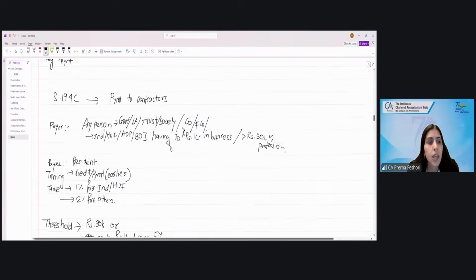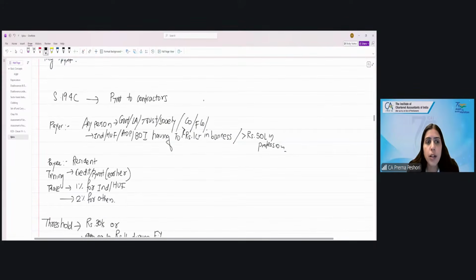Fine, very simple. Next, we move on to section 194C, payment to the contractors and the subcontractors. Very important. Now, payment to the contractors and the subcontractors, 194C. Who is the payer? Yes, who is the payer?